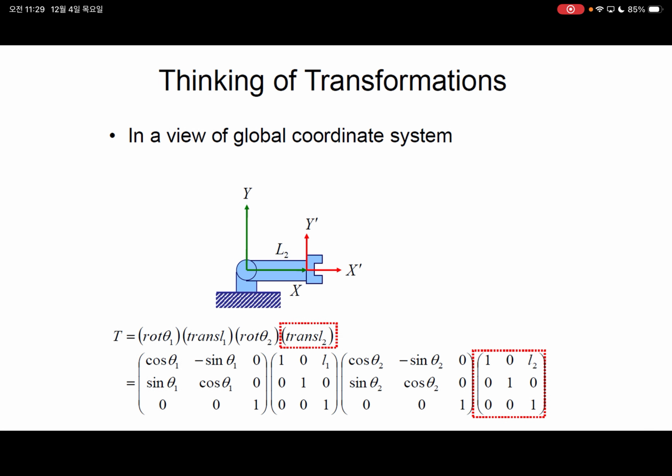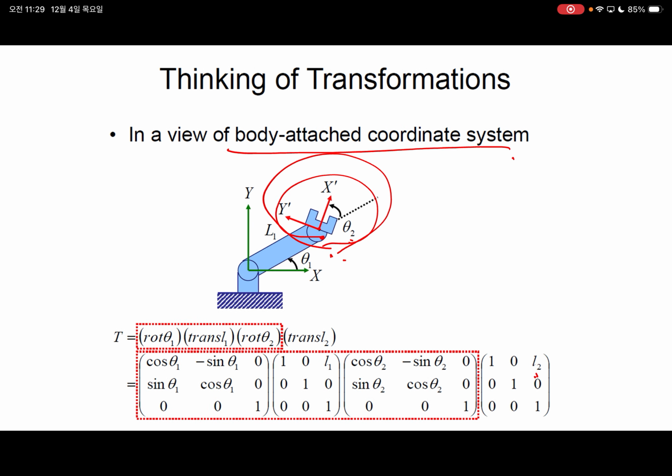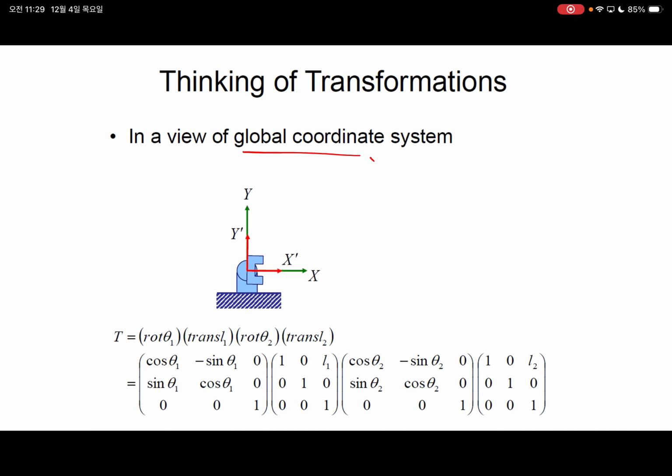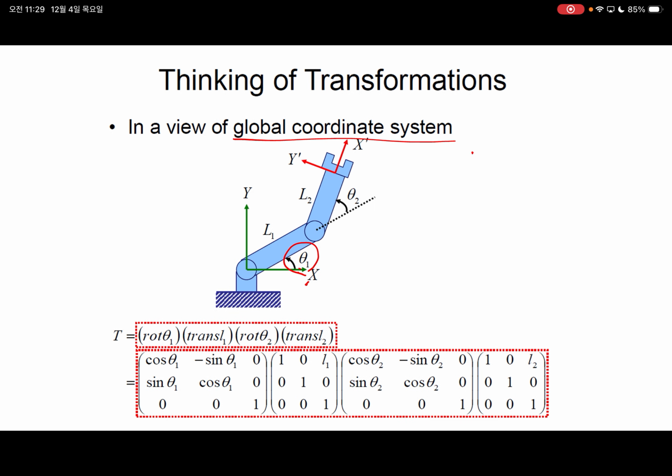But here, in body attached coordinate system, theta 2 is applied on here, not here, right? In the red axis, not green axis. So the body attached coordinate system interpretation tries to interpret this equation in a view of body attached coordinate system, while this one tries to interpret this equation in a green axis. But both are correct.